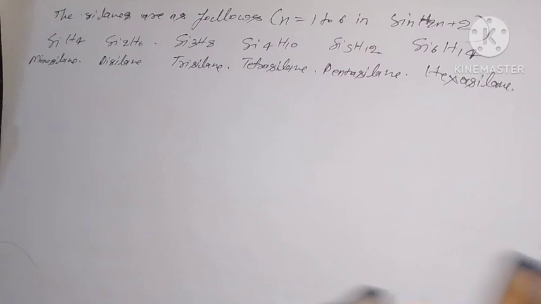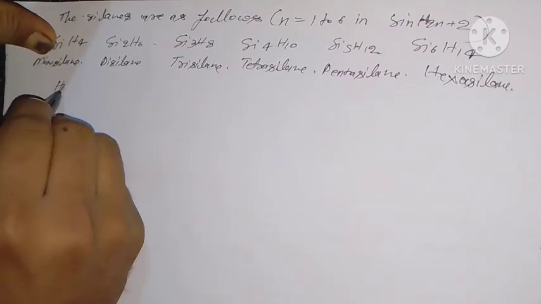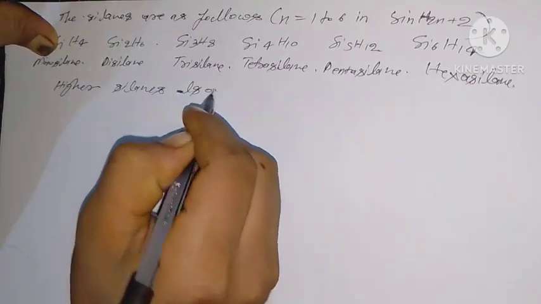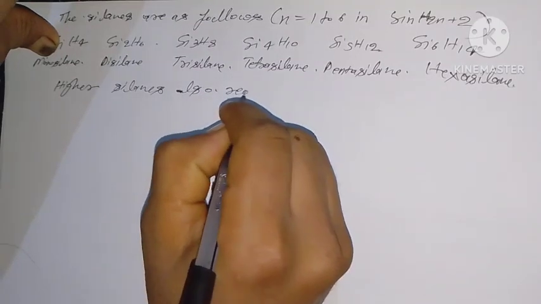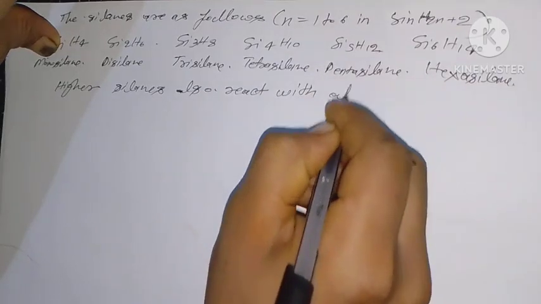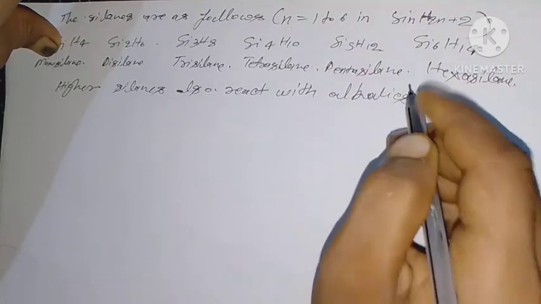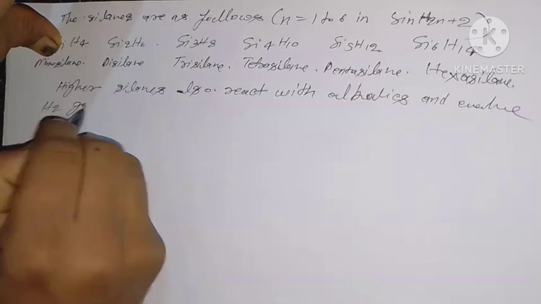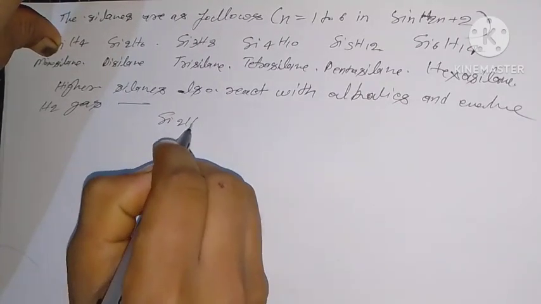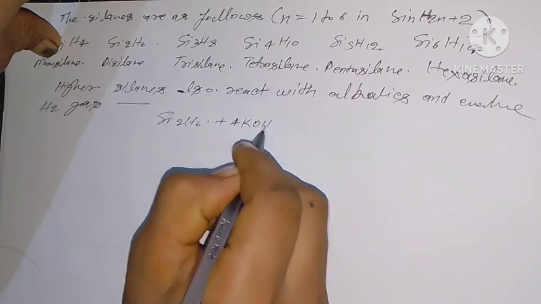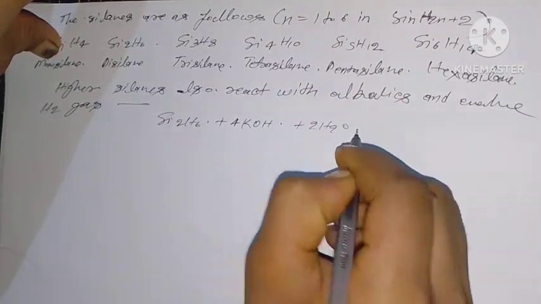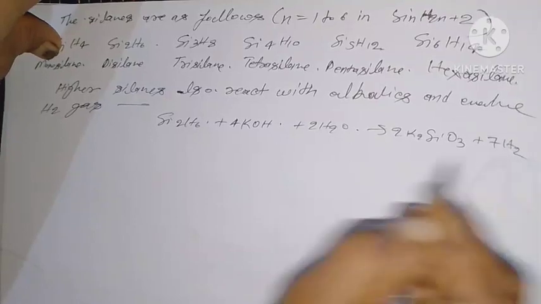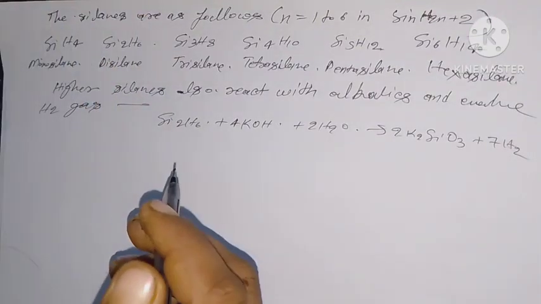As an example, Si2H6 plus 4 potassium hydroxide plus 2H2O water makes 2K2SiO3 plus 7H2.